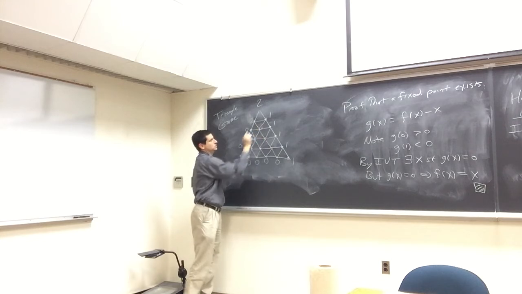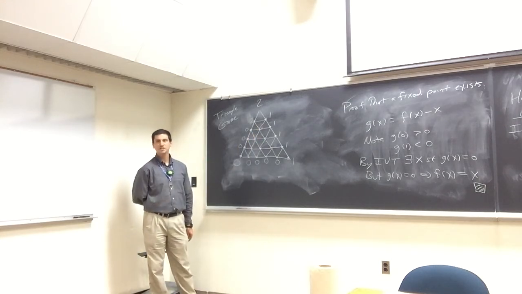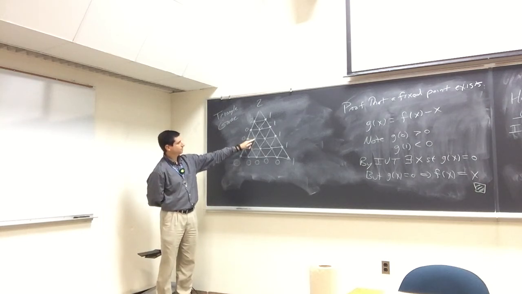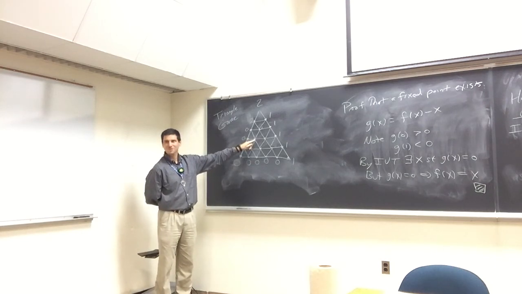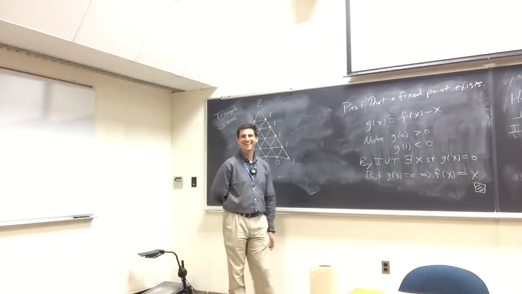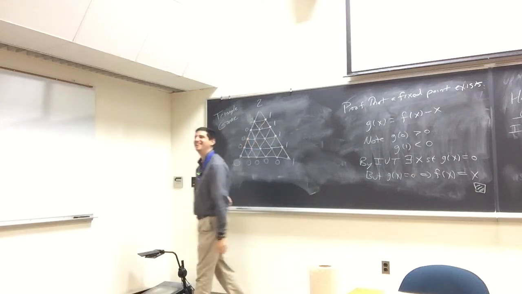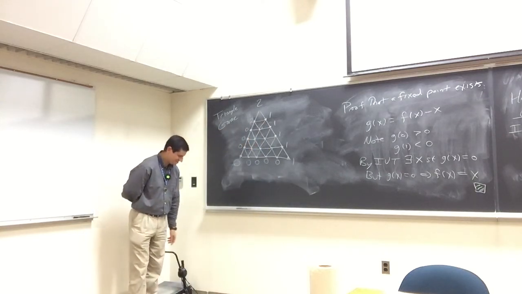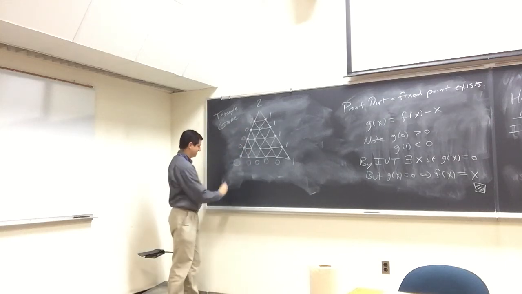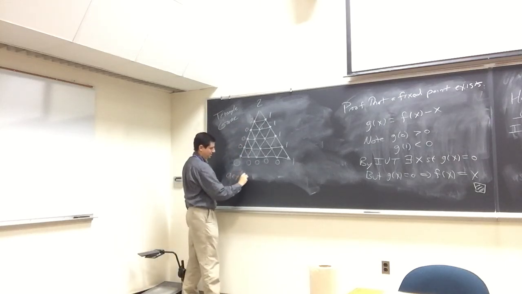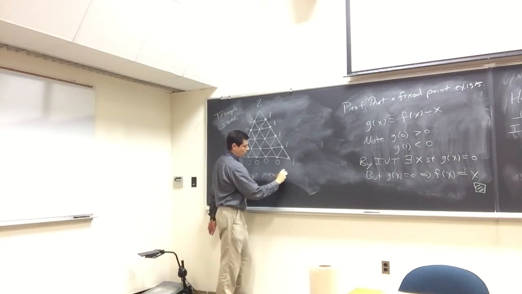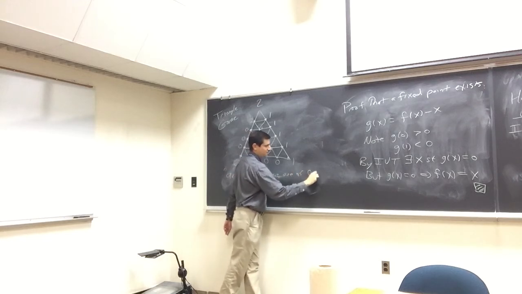Can you put a 1 in... Anything you want on the inside. Inside is free. What do you want to put over here? No, I did say anything. Anything means one of 0, 1, 2.